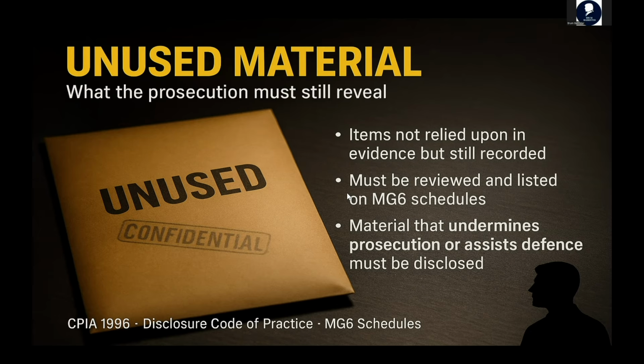If any of that unused evidence undermines the prosecution or helps the defence, it must be disclosed. Failure to do so has collapsed countless cases, from traffic offences all the way up to complex cases such as fraud. So transparency here is non-negotiable.